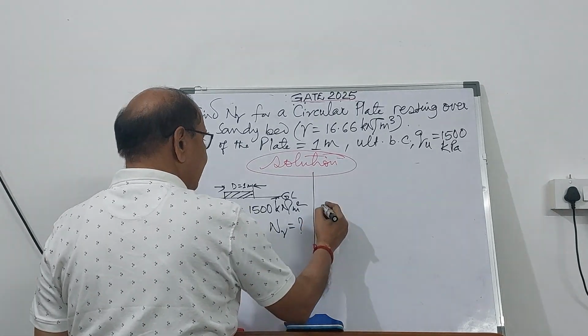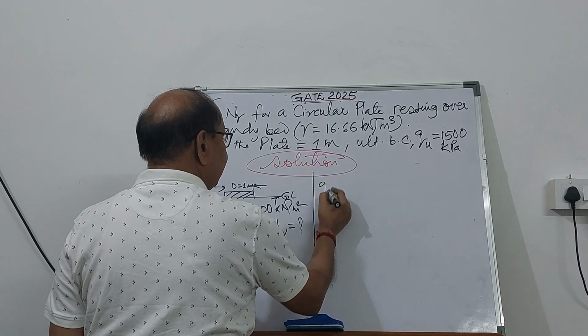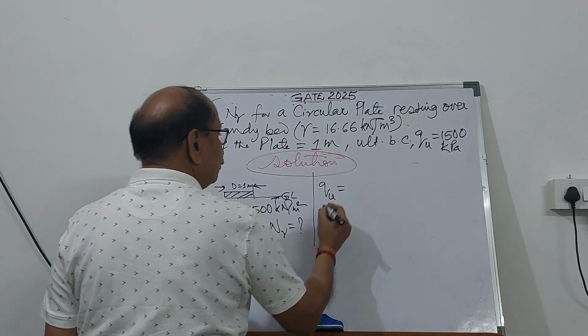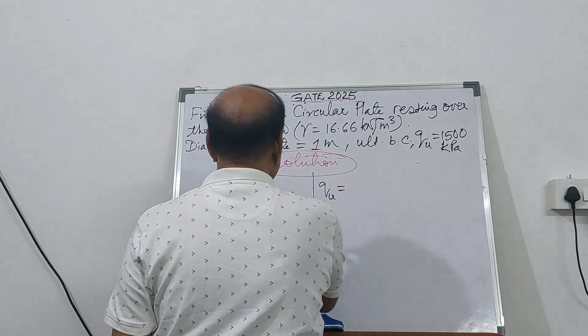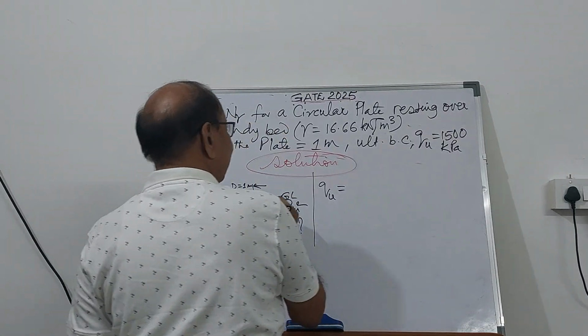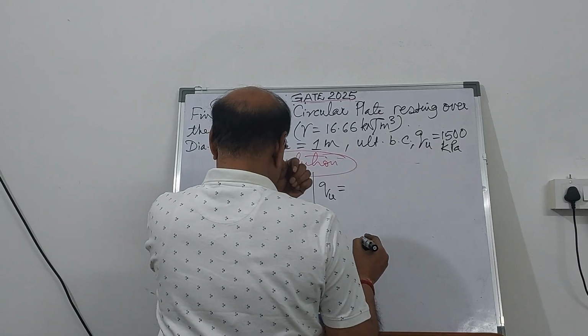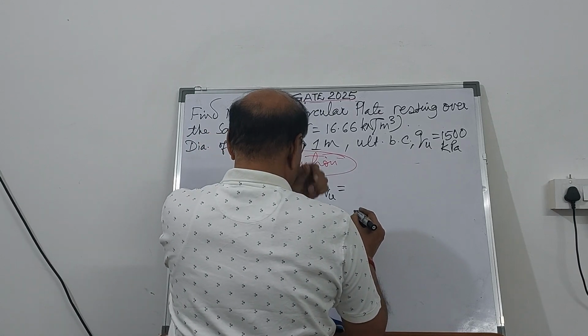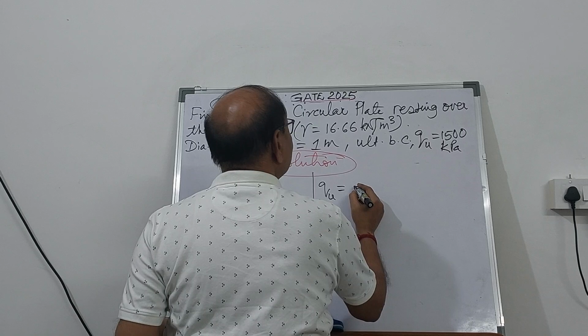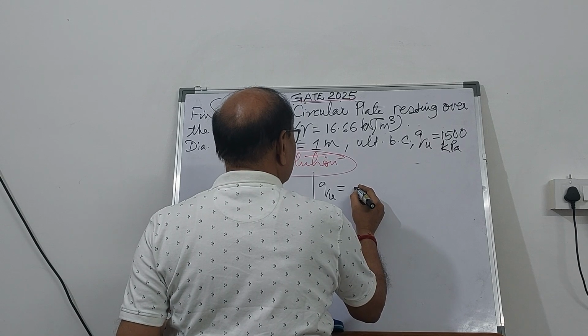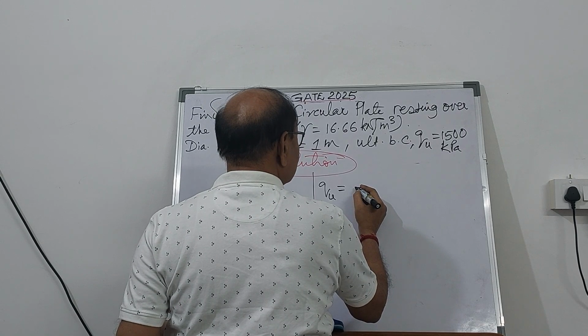So the solution part will be: we know the ultimate bearing capacity Qu for a surface footing or a surface plate resting over the sandy bed will be, C will be 0. There is no surcharge, therefore the second term will also be 0.